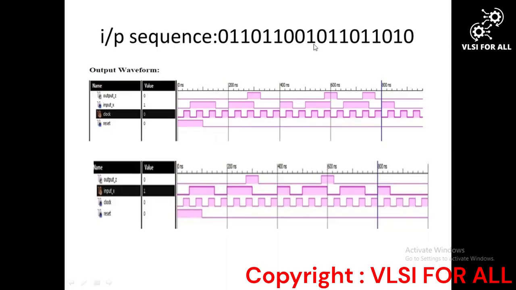So in the non-overlapping case, we consider a bit only one time. But in the overlapping case, we consider 1011 here and another 1011 here, and by taking this 1011, we are considering three times for the overlapping case. It is detecting three times, but for the non-overlapping case, it is detecting two times for the same sequence.